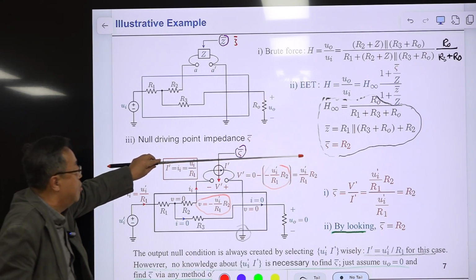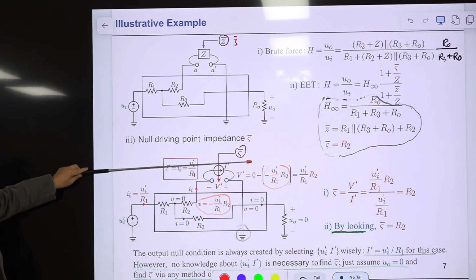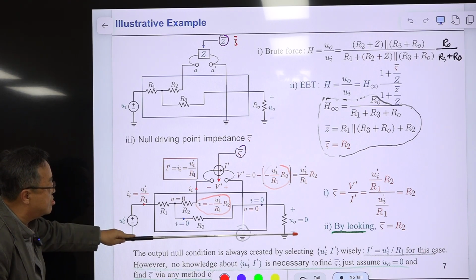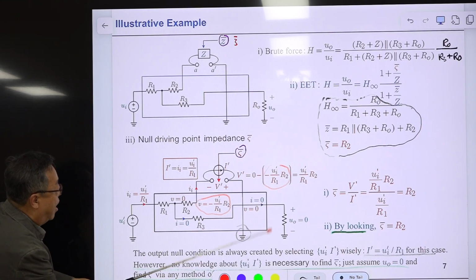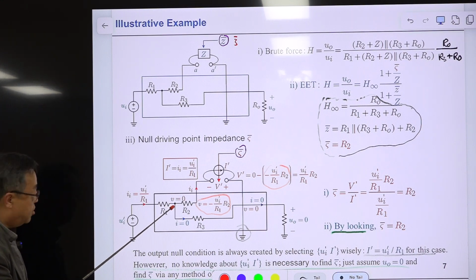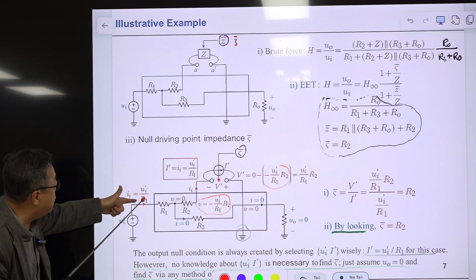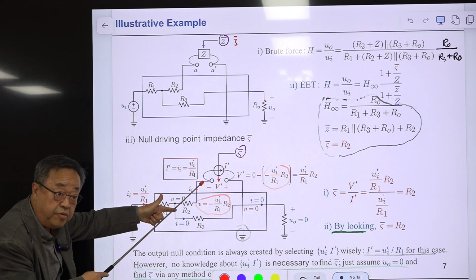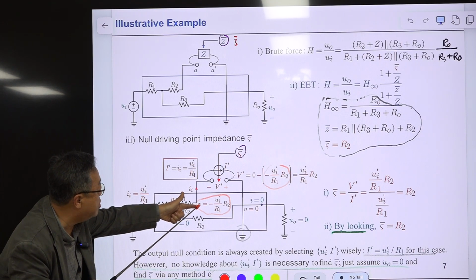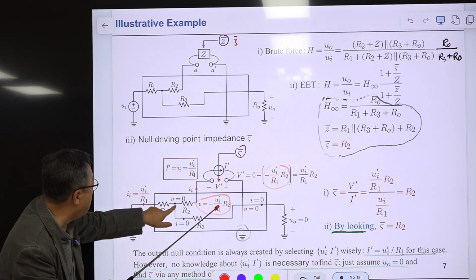So we already know the result. Here we use a formal approach. The definition of this zeta bar is this one, the null driving point impedance. This is 0, then I is 0, and this potential is 0. Then the current coming in from this terminal is this one, and this current should go in this direction because this is 0 for the output null condition. Then the voltage here is 0, and this is a negative potential.